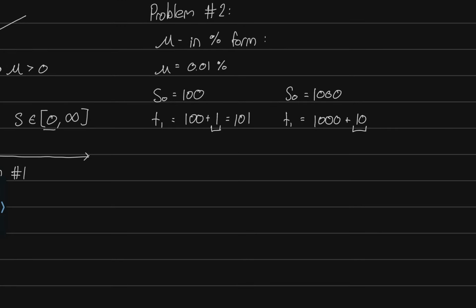So what does this mean? This means our mean returns is actually scaled by our stock price. Now, if I were to take T2, for example, then I would take 101 plus 1.01, right?